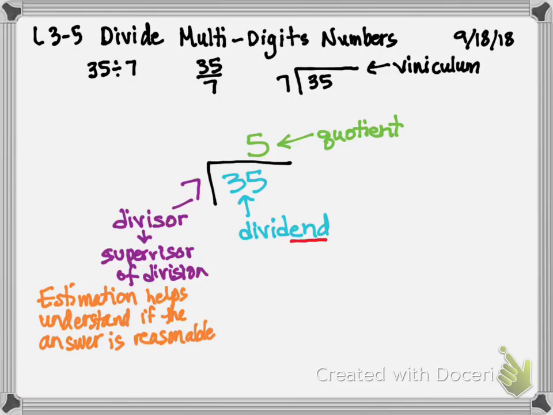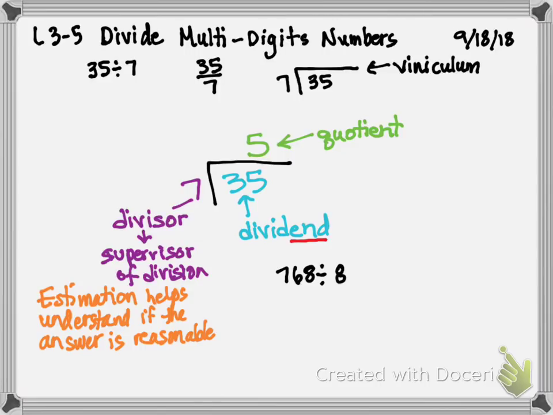I'm going to deal with an idea called compatible numbers. Let me give you a couple of examples. Let's say we have 768 and we want to divide it by 8.